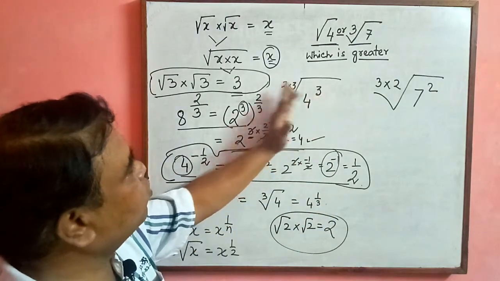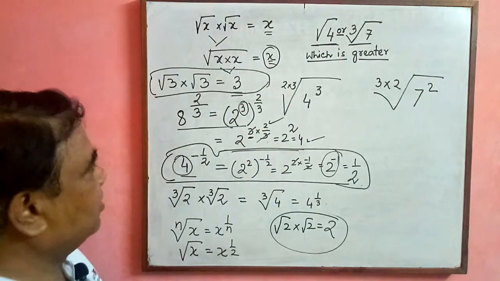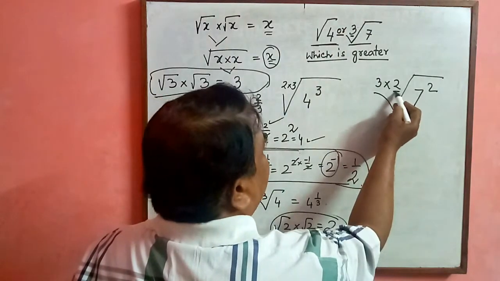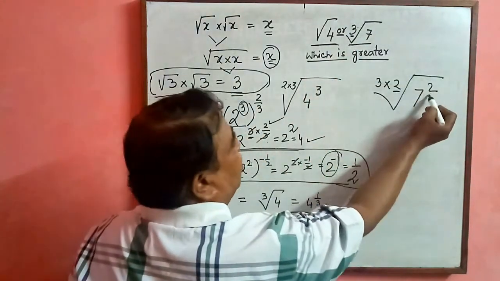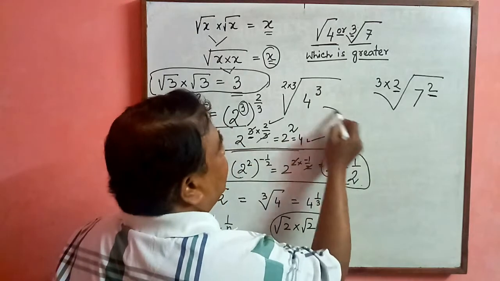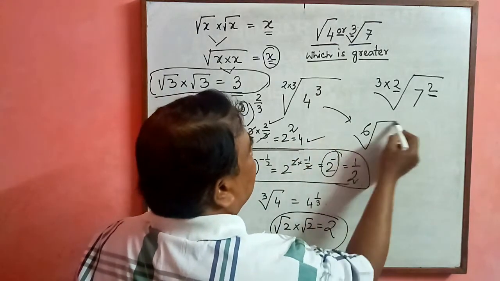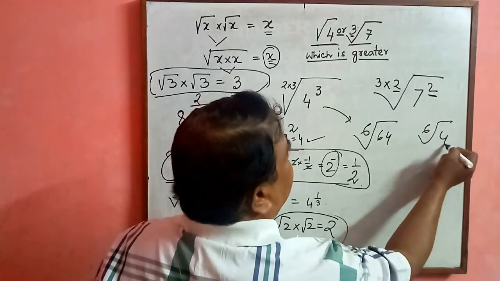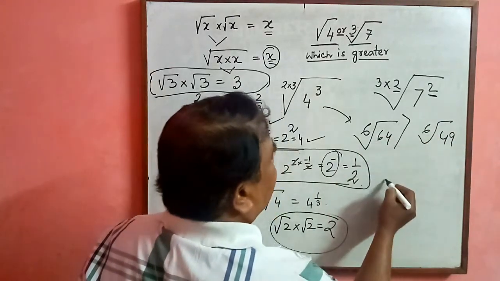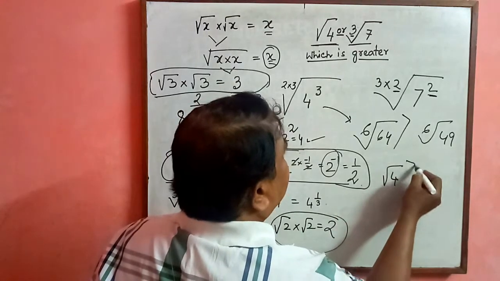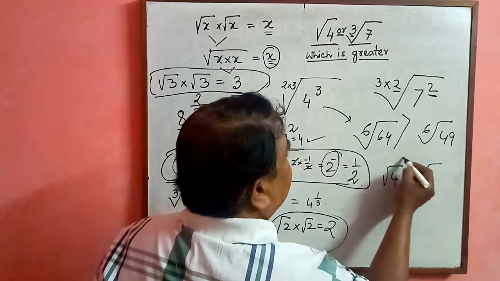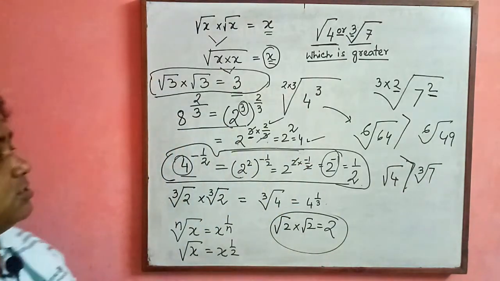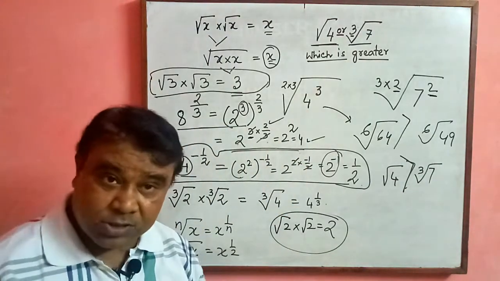Again, for this 3, I have to multiply by 2. Once I multiply by 2, I have to put a power also 2 here. So here it is 6th root of 64 and this is 6th root of 49. Definitely root 4 is greater than cube root of 7. This is greater. This way we can compare surds or irrational numbers.